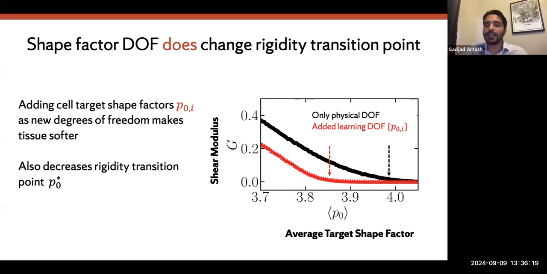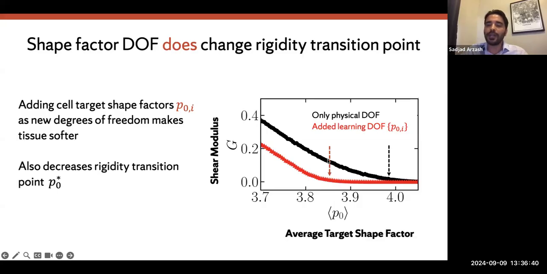And we can see that by just letting cells tune these shape factors, we can tune the rigidity transition point. We can go basically lower in this space and fluidize the system at a lower shape factor, basically.